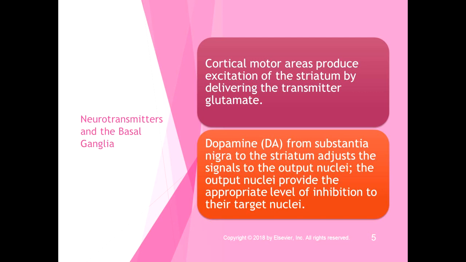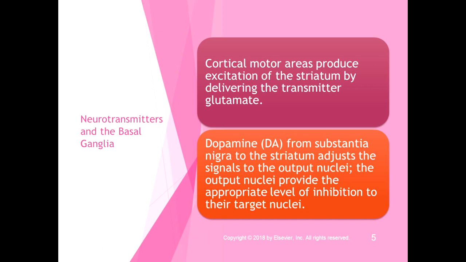The basal ganglia, there are a lot of neurotransmitters that are produced in the basal ganglia. There are cortical motor areas that produce excitation of areas of the basal ganglia with the neurotransmitter glutamate. Remember, glutamate is the major excitatory neurotransmitter in the central nervous system. Dopamine is produced in the substantia nigra area of the basal ganglia.